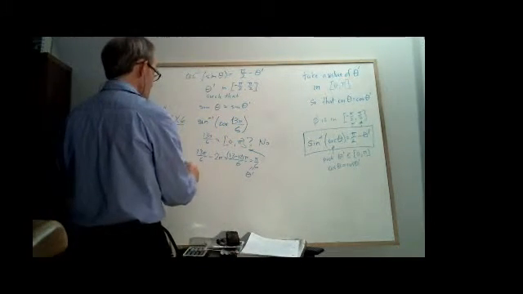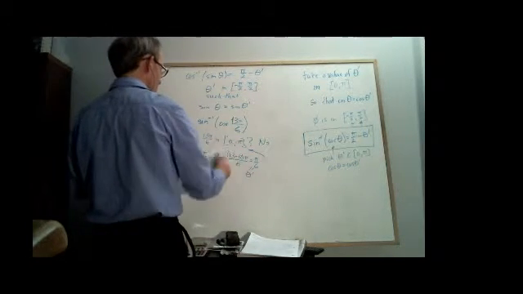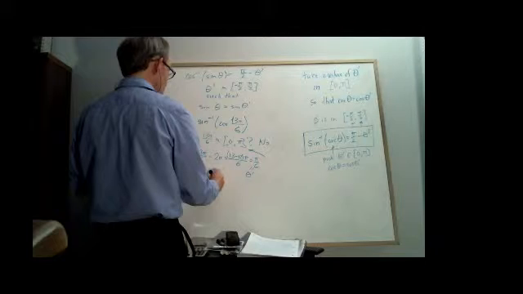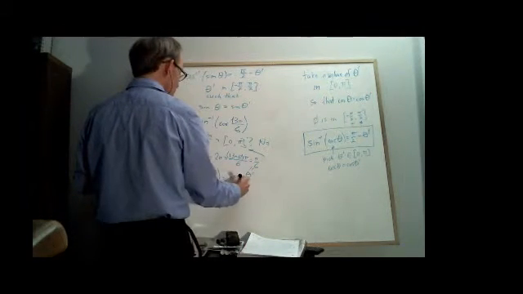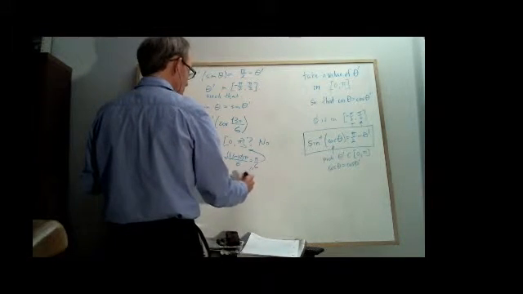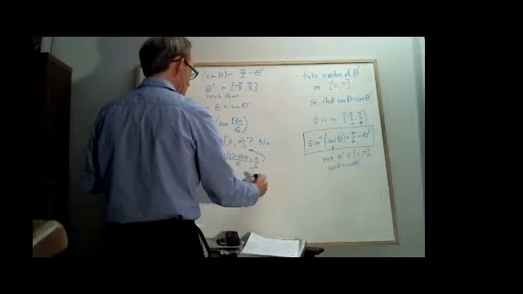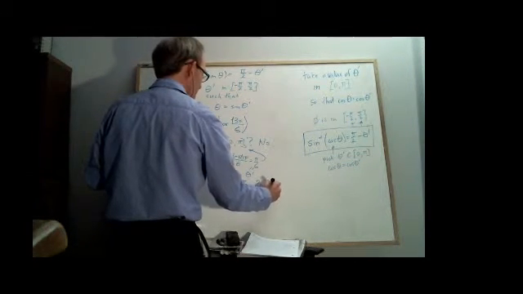And so I get sine inverse cosine of pi over 6 equals, and then to get the output, I just take pi over 2 minus pi over 6, which is 3 pi over 6 minus pi over 6, 2 pi over 6, which is pi over 3.